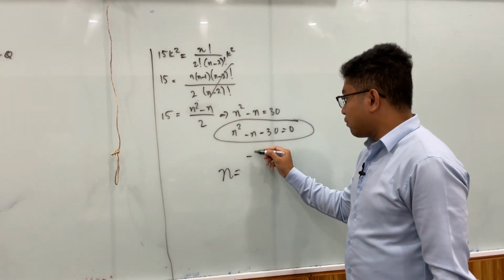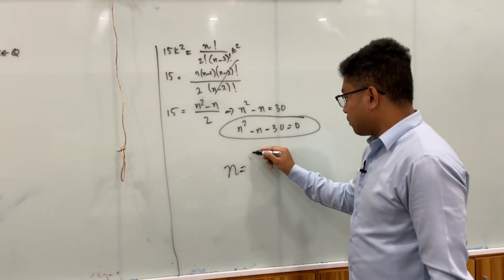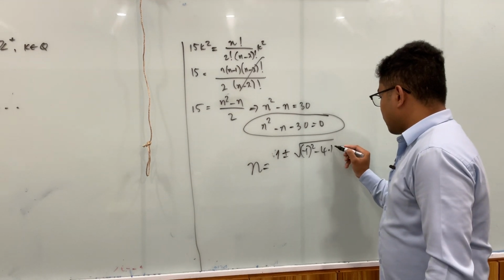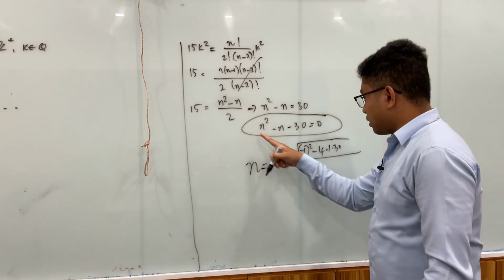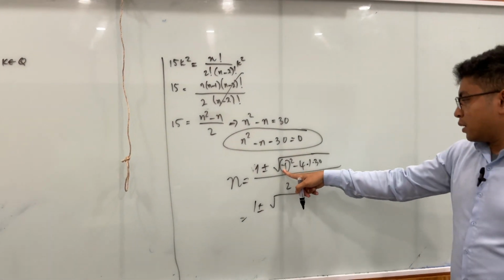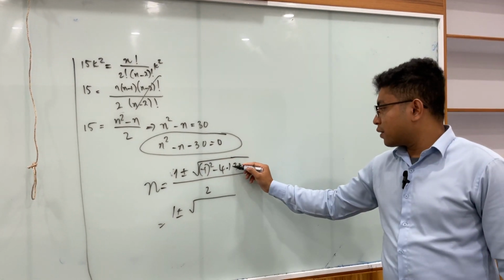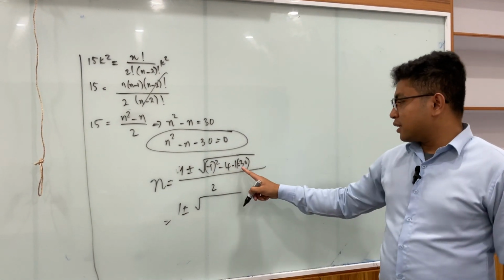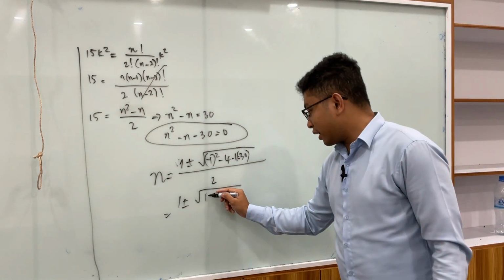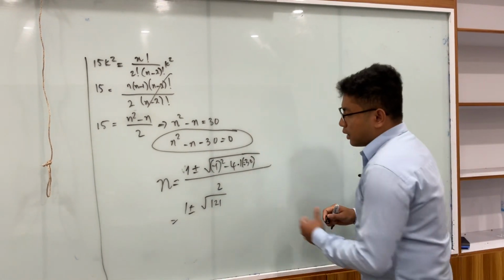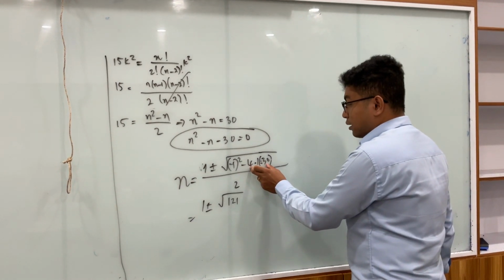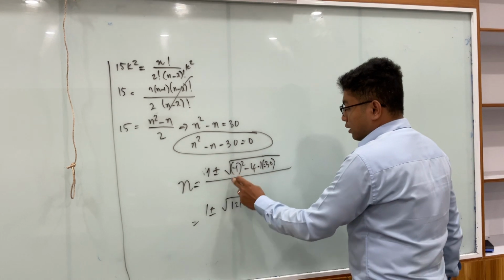Then we can find the roots of this equation by using the discriminant: n equals negative b, which is positive 1, plus or minus the square root of (negative 1)² minus 4 times 1 times negative 30, all over 2. I'm sorry, negative times negative will be positive, so 4 times 30 is 120, and 120 plus 1 is 121.